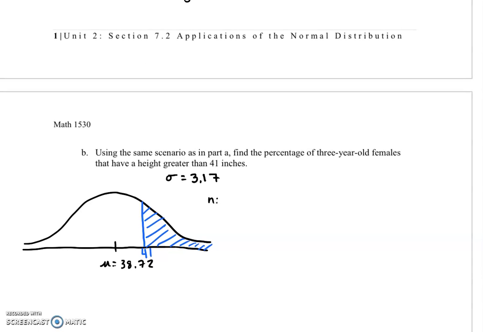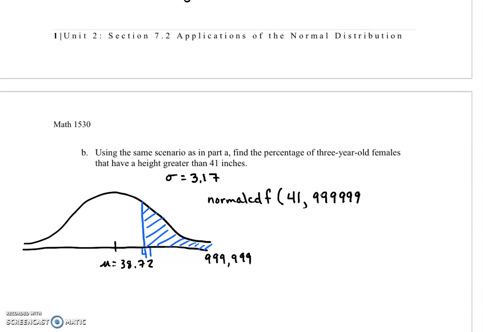So we're going to use Normalcdf. Our lower boundary, remember, is the left side. That's 41. Our upper boundary is infinity, but remember we use 6 nines for that. So 999,999.